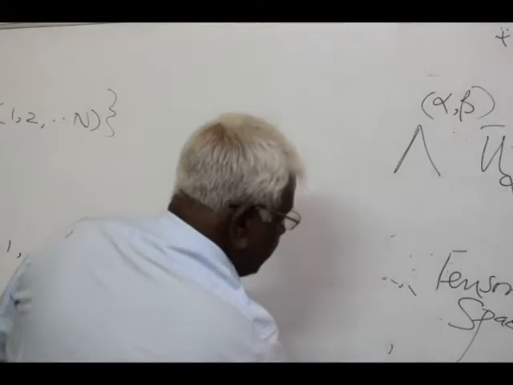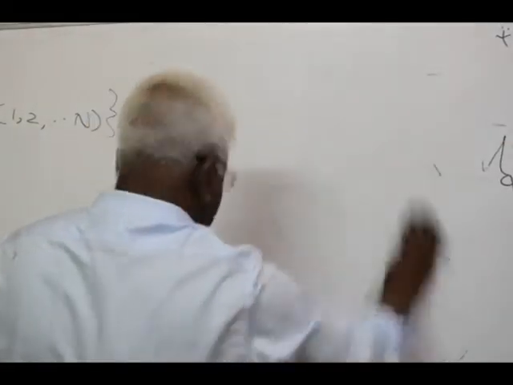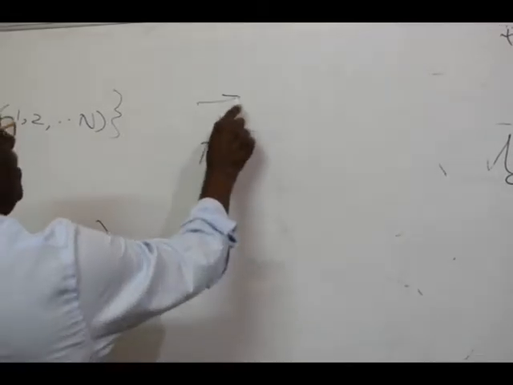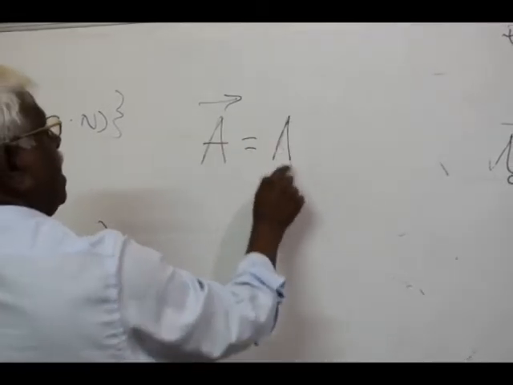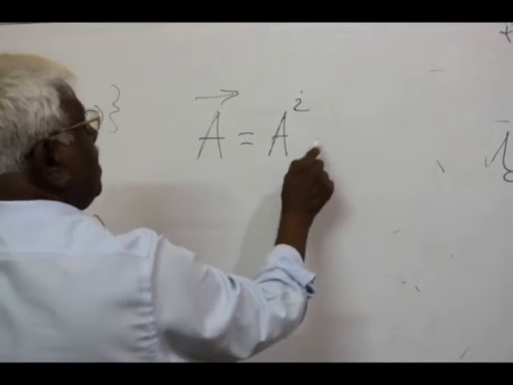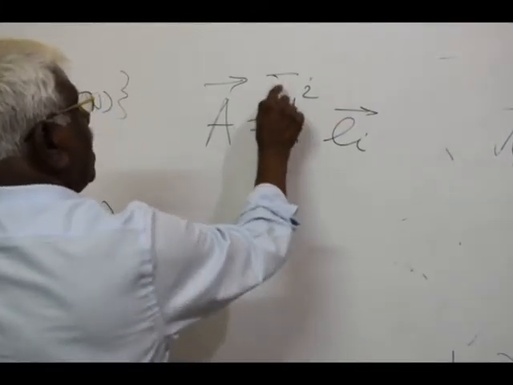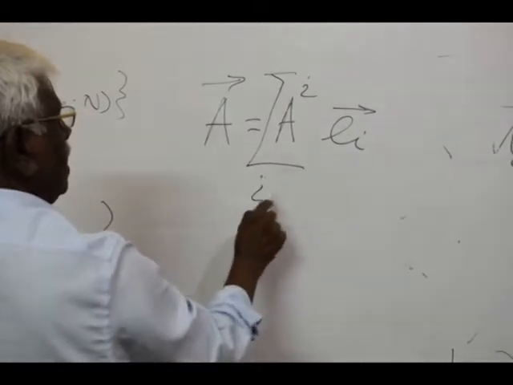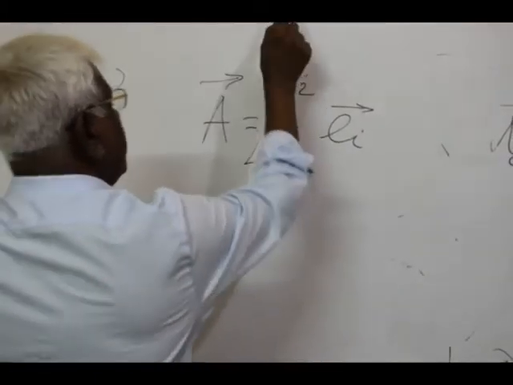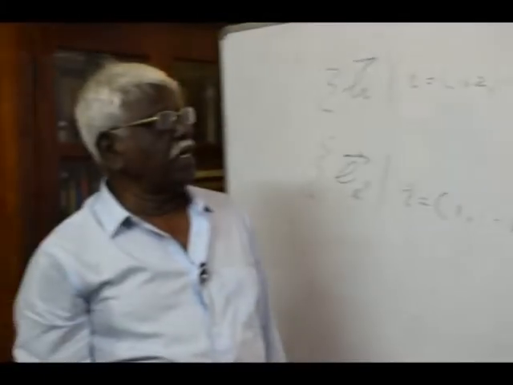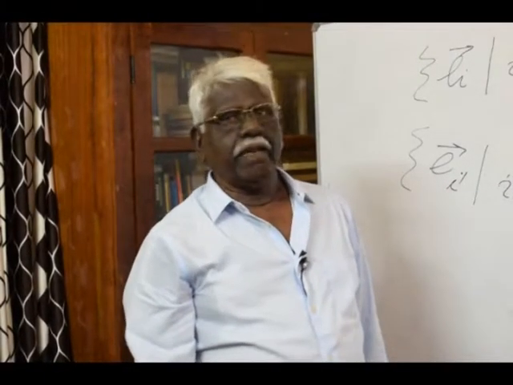So vector A I write as the sum of ai ei, summed over i equals 1 to n.